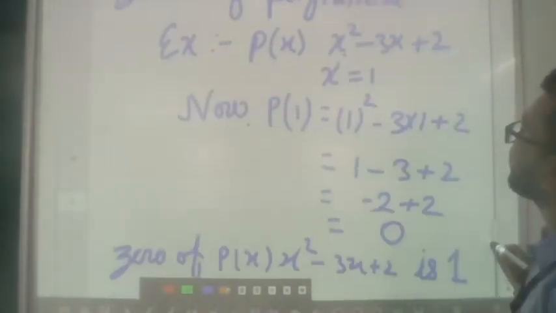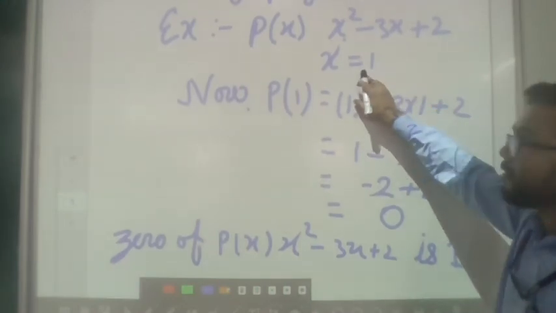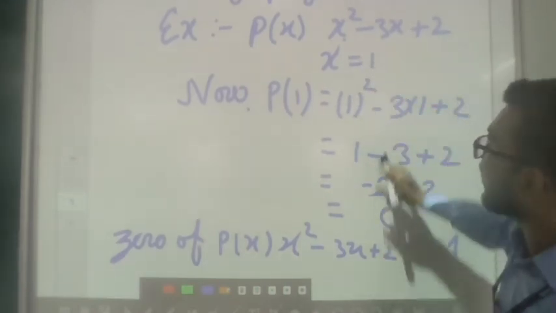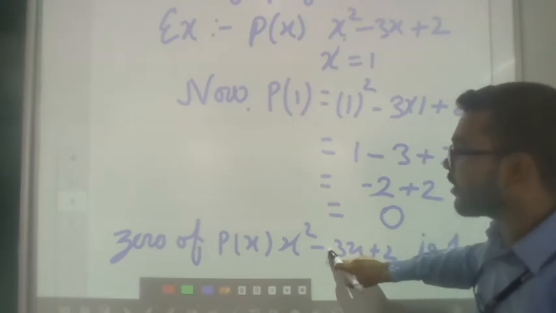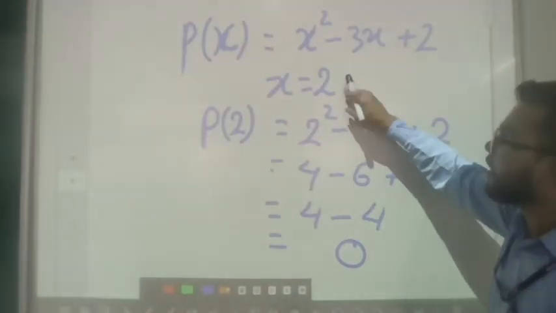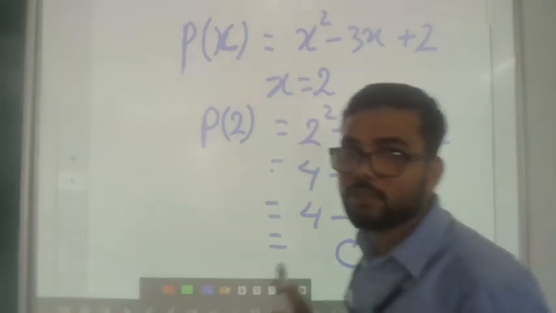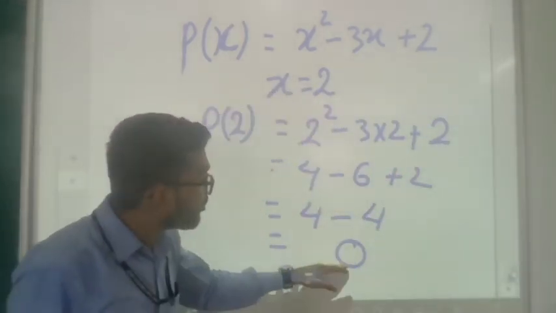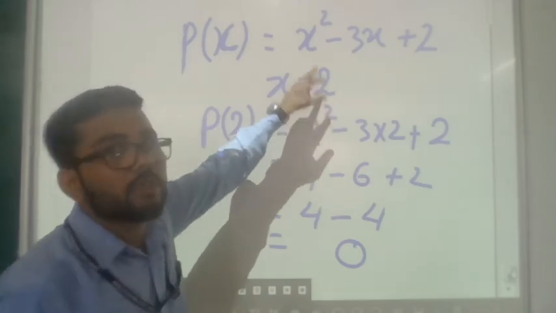In the previous example, when we put x is equal to 1, we also got 0, so 1 is also a zero of the polynomial. In the next example, when we put x is equal to 2, we again get the value 0. So if the value is 0, then that number is a zero of the polynomial.